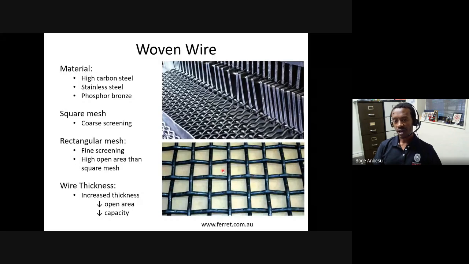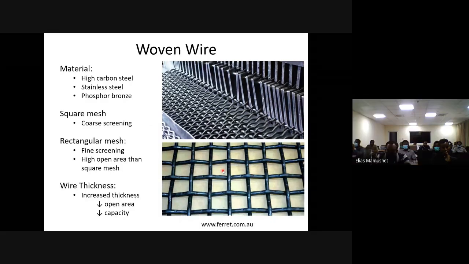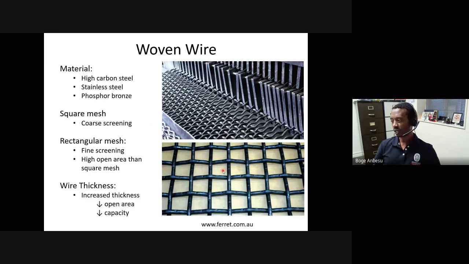If I'm dealing with finer particles and capacity is my main target, then I can make the wire thinner, increase the open area, and therefore that will help the screening performance significantly. Okay, so these are some of the things we can do to improve screening operations.